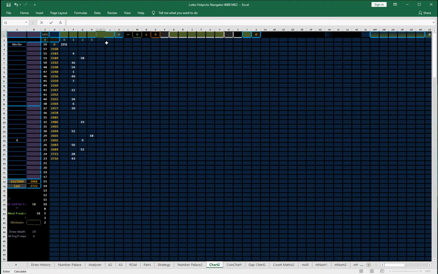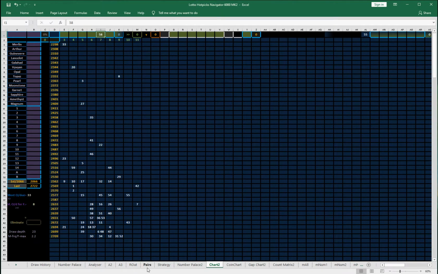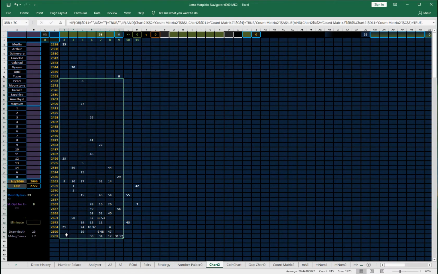So for instance, if we look at number 58, you can see that number 8 has got a very large area.